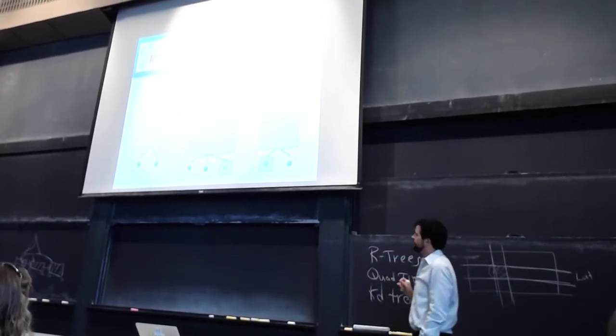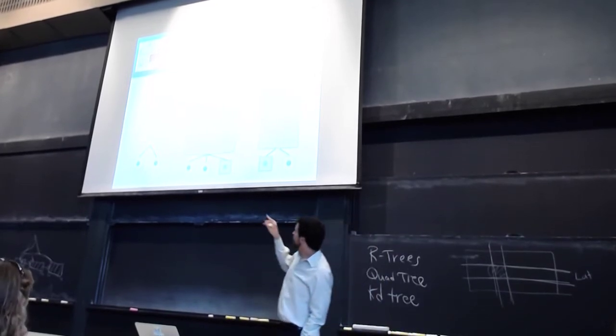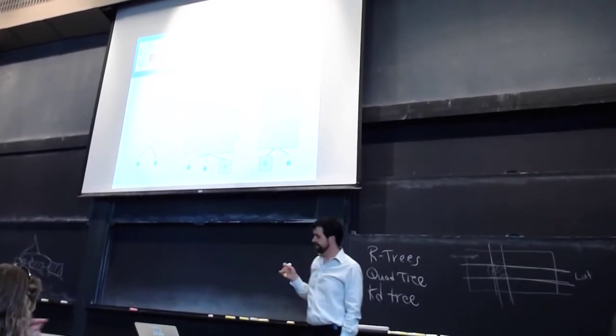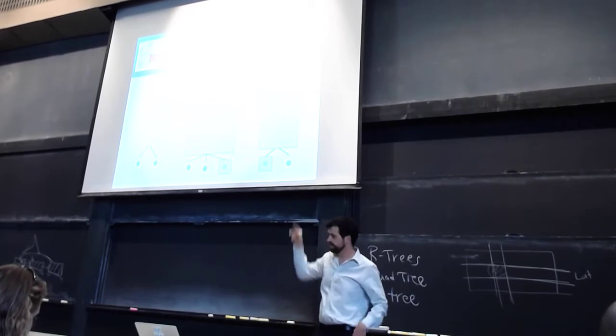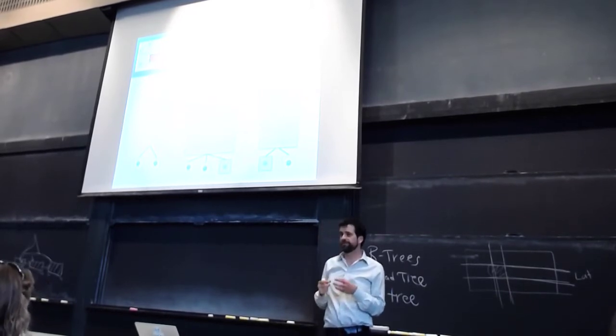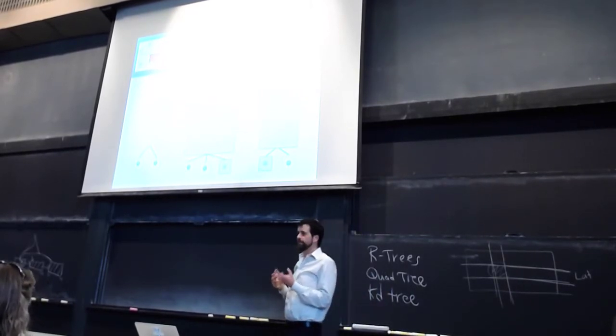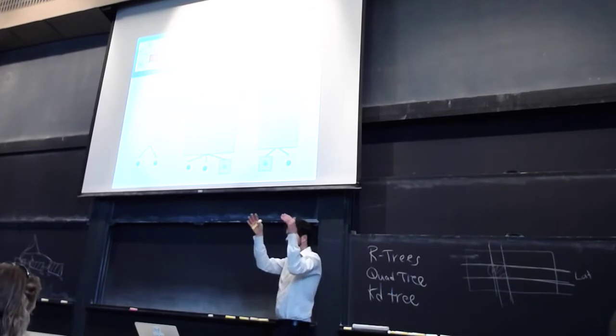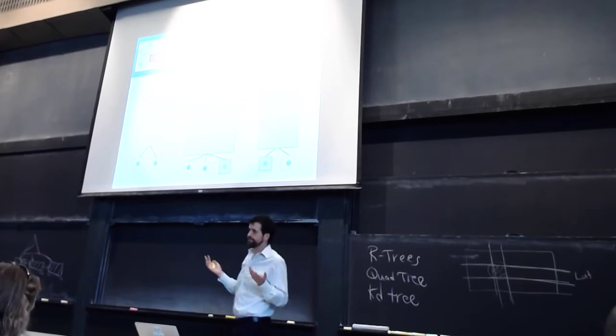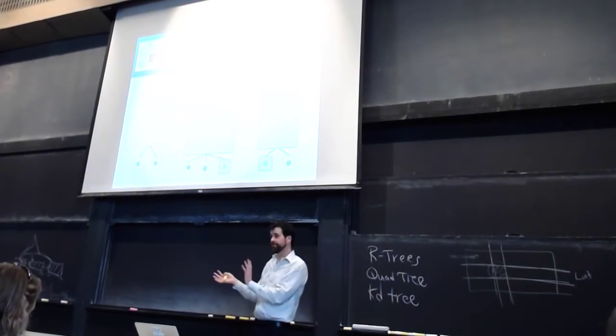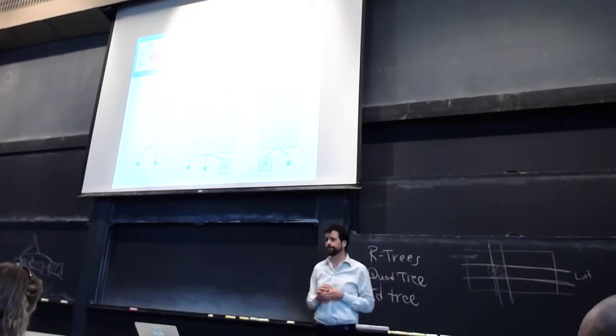The other interesting property about R trees is that it's not guaranteed that those top-level rectangles are non-overlapping. The way the R tree construction algorithms work, they can result in overlapping rectangles at the top of the tree, which can further exacerbate this problem of having to traverse down a large fraction of the tree.